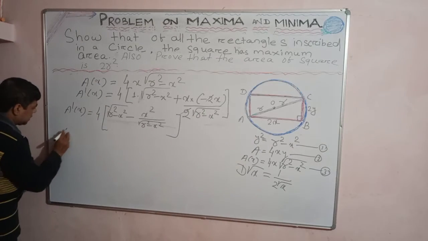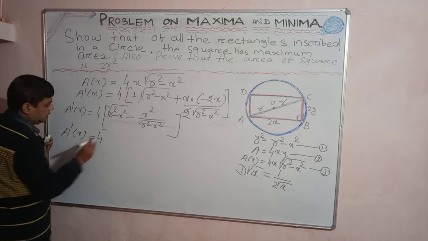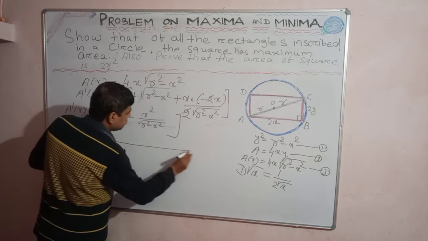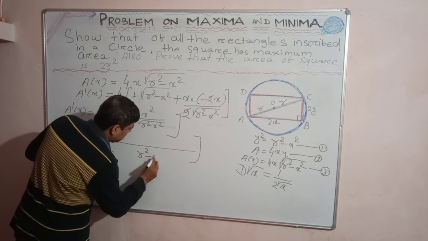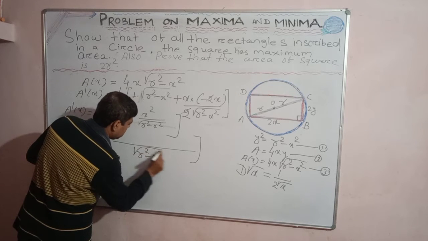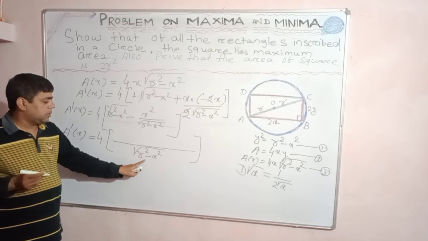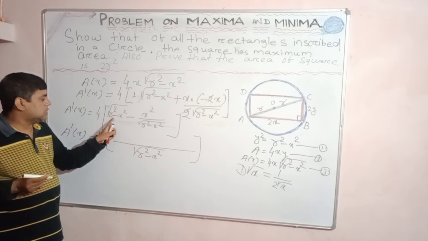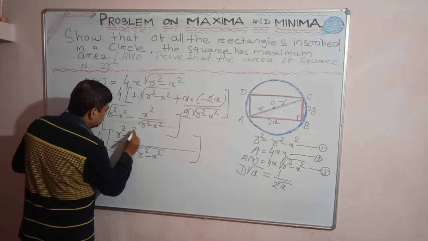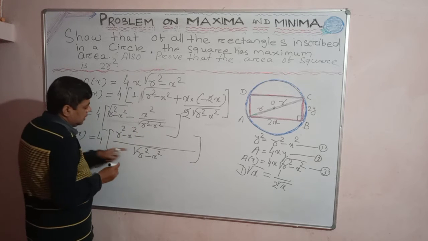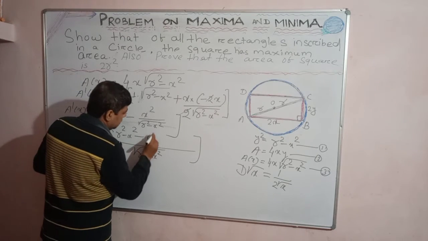Similarly, A dash x equals 4. Again take the LCM. What is the LCM? The square root of r square minus x square. Multiply this and it will be r square minus x square, minus, and this divided by this will be cancelled, and it will be x square.